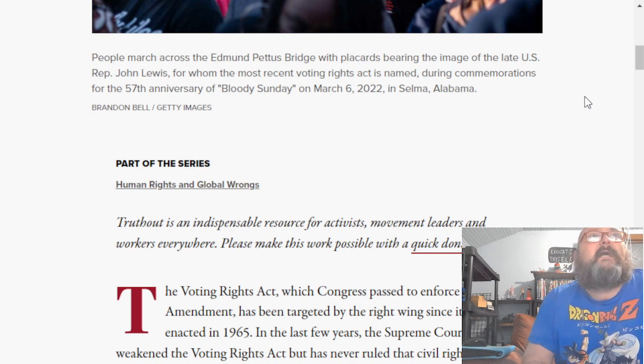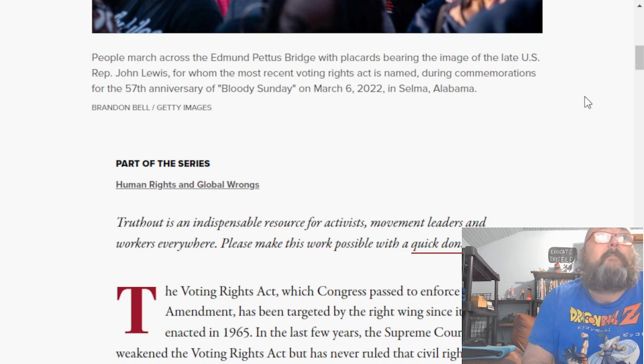People march across the Edmund Pettus Bridge with placards bearing the image of the late U.S. Representative John Lewis, for whom the most recent Voting Rights Act is named, during commemorations of the 57th anniversary of Bloody Sunday on March the 6th, 2022 in Selma, Alabama.